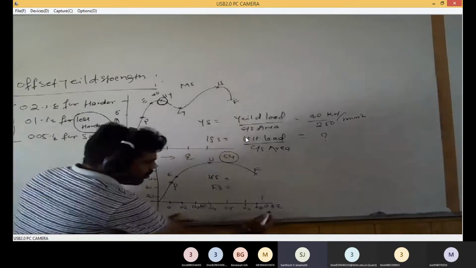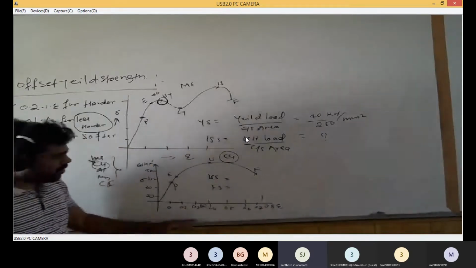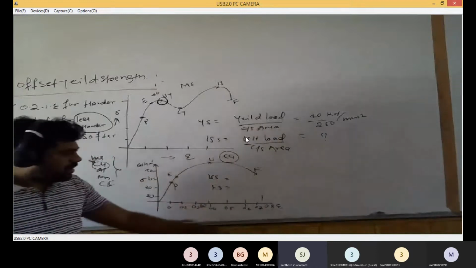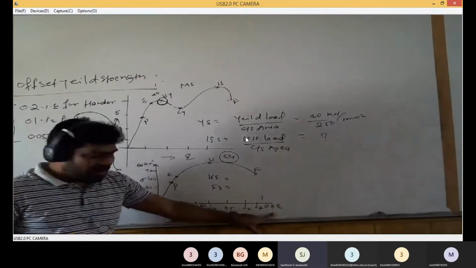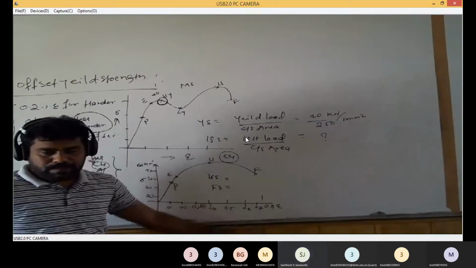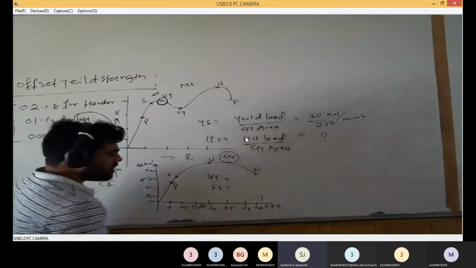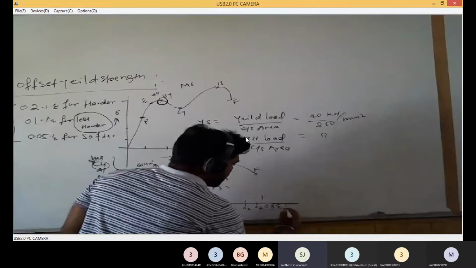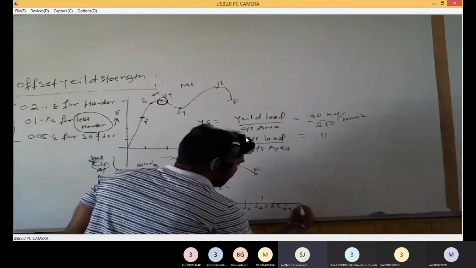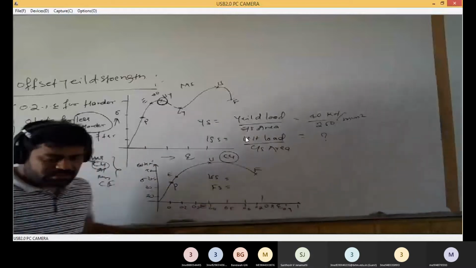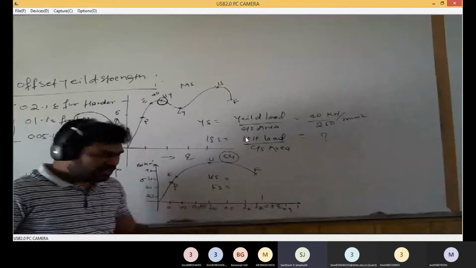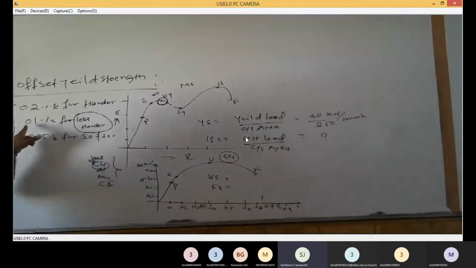Now I am coming here. Out of 0.8 is there. How much is it? A total strain is 0.8. 0.1% of total strain, how much is it? Total strain is 1, and out of the total strain I can take 0.1%.